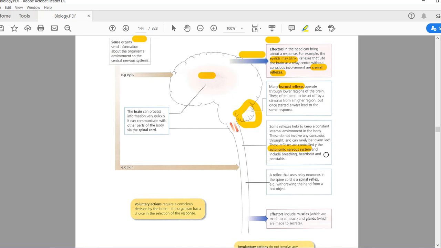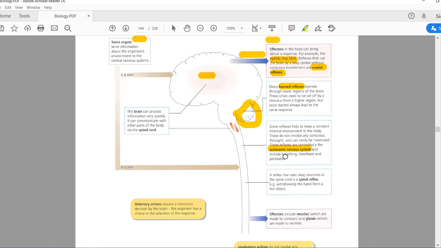It is the part of the nervous system that supplies the internal organs such as stomach, intestine, liver and kidney and the rest of the organs. Focus on these two words, the internal organs. Example, stomach, intestine, liver and kidney.